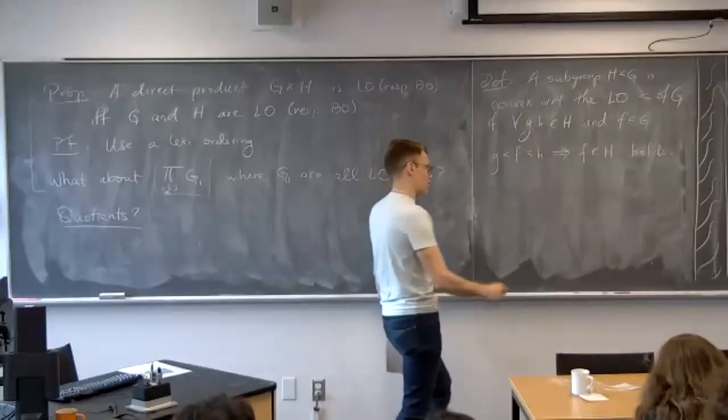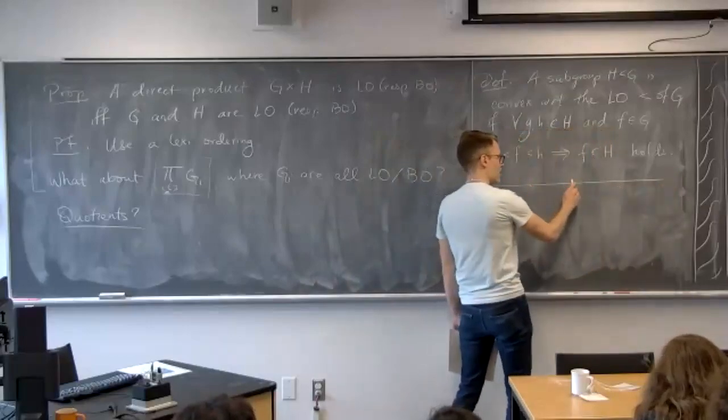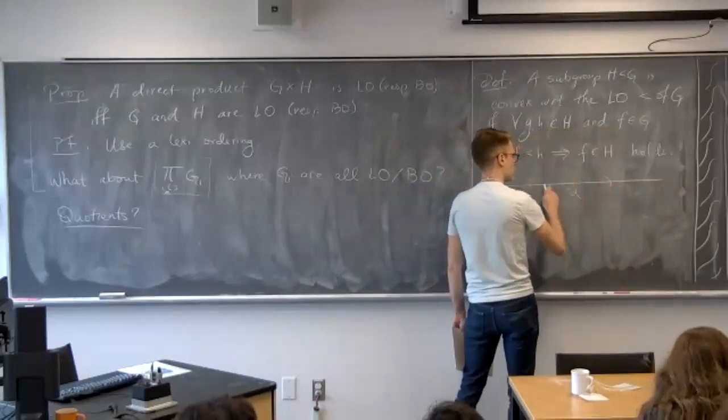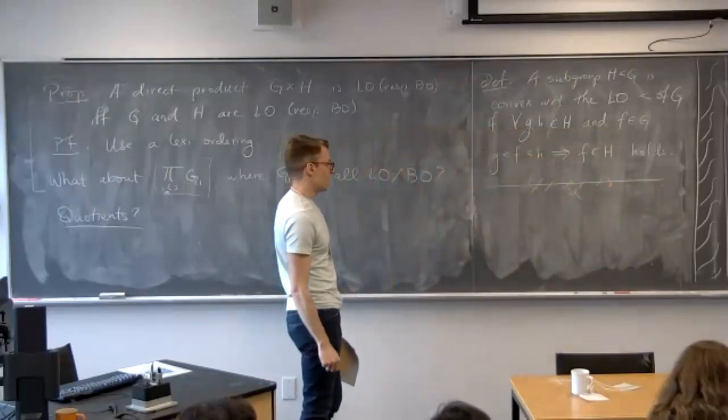And again, like Kai's picture was completely right. If you're thinking of these groups as being on a line and the identity is here, convex subgroups are some sort of interval around the identity.